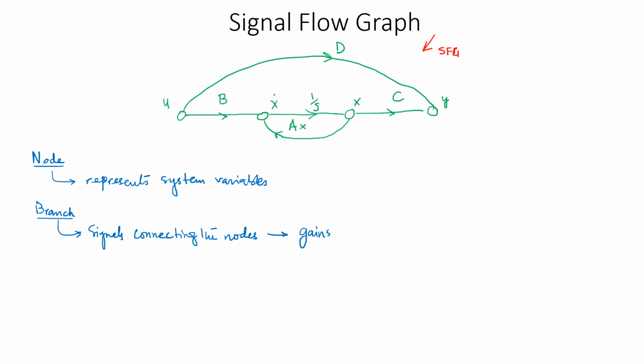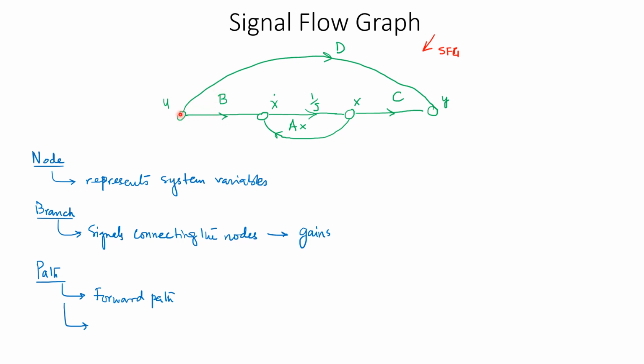Moving on, there is this concept of path that we identified. Now, this path can have two different meanings associated with it. One, what we call the forward path. That path is going to be starting from the input node, from where all the branches are getting out.